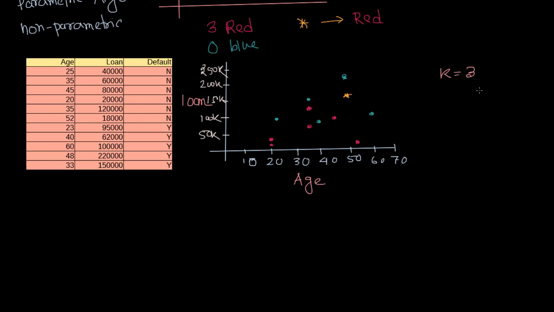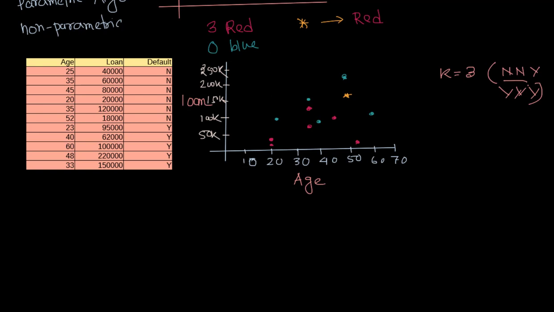If among those 3 neighbors I get 2n and 1y, I will say with more confidence that this yellow point will be a member of n, meaning it is not going to default. If I get 2y or 3y, then I'll say the person is going to default. That is the way this algorithm works.